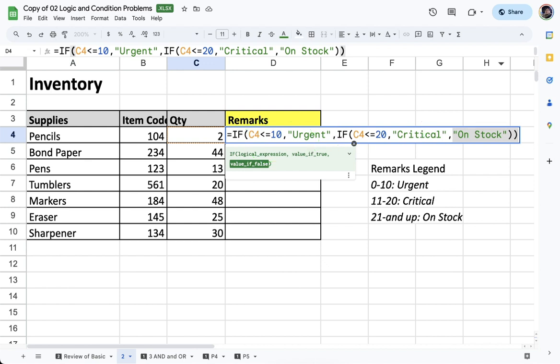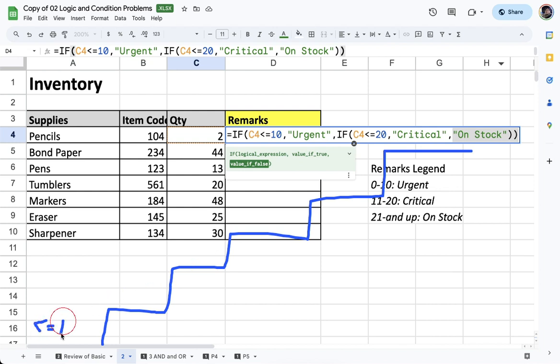Now, whenever we write something like this, you have to remember that you have to write it in order. You see here that we started with less than 10 and it's followed by less than 20. If we have more than just two, think of it like a ladder or a staircase, where we started with less than or equal to 10, and then it was followed by less than or equal to 20.